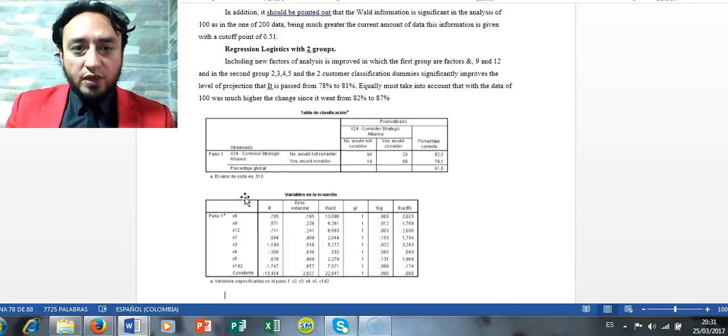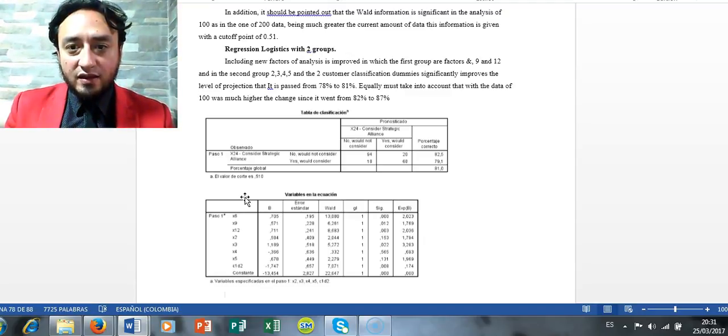In addition, it should be pointed out that the model information is significant in the analysis of 100 and in the one of 200 data. Being much greater the current amount of data, this information is given with a cutoff point of 0.51.